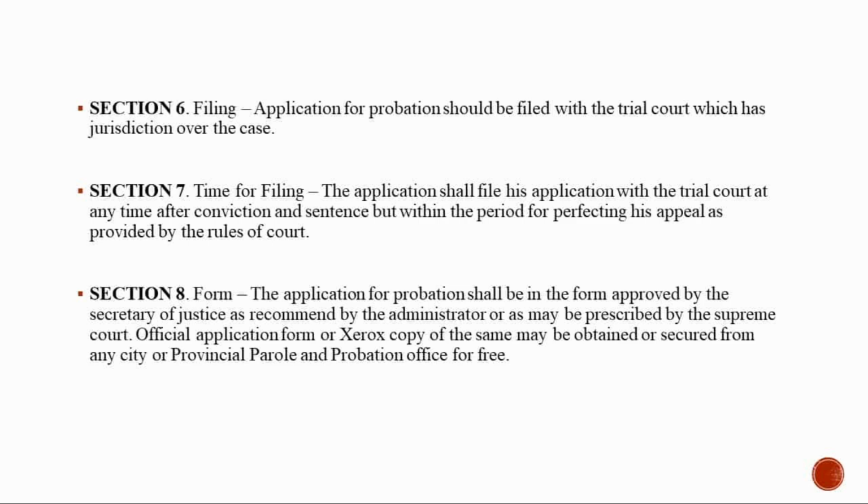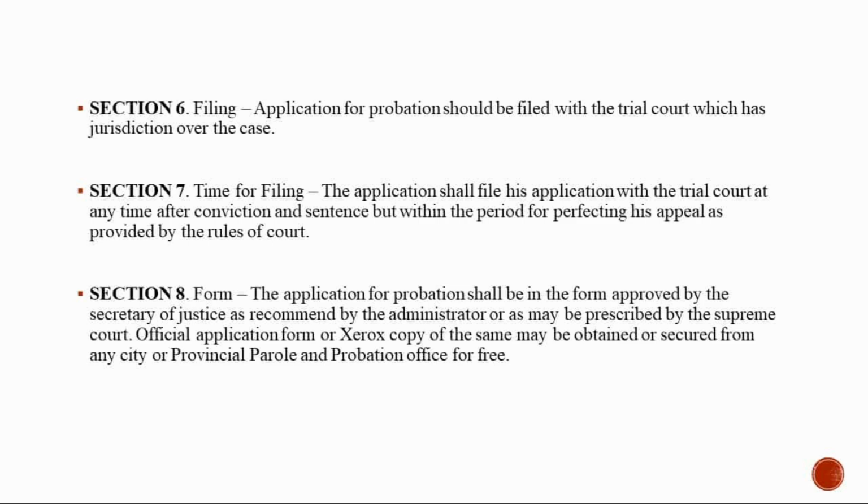Time for filing. The applicant shall file his application with the trial court at the time after conviction and sentence, but within the period for perfecting his appeal as provided by the Rules of Court.